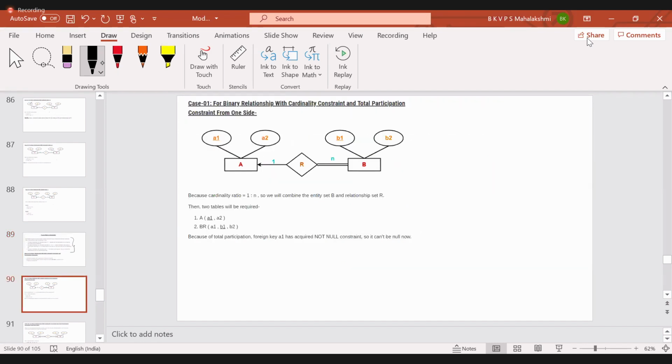See here, in this case, there is a total participation from the strong entity to this relationship set to the A. Because the cardinality here is 1:n, definitely we should follow A of A1, A2 and B equal to B1, B2 and A1.